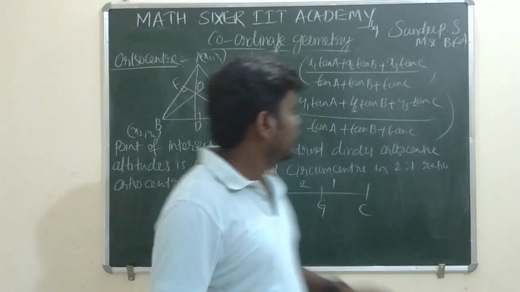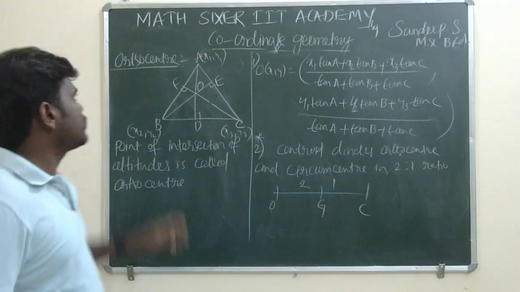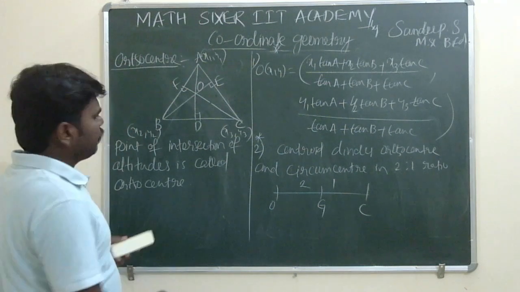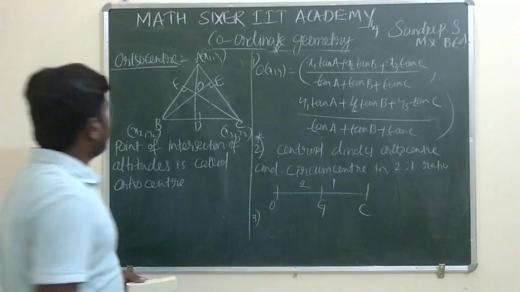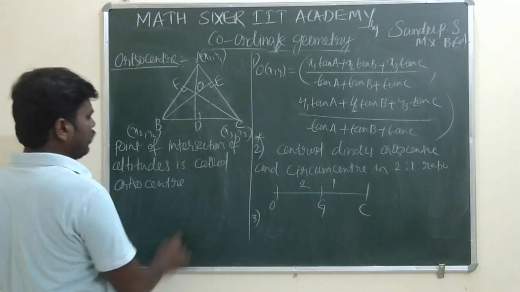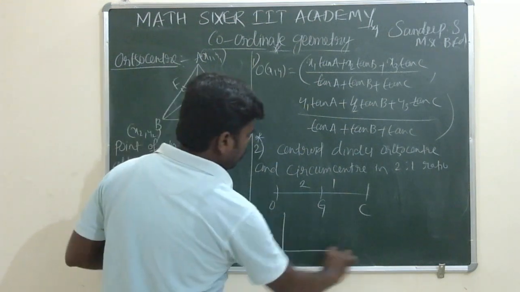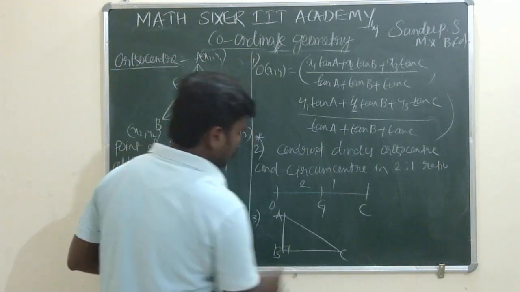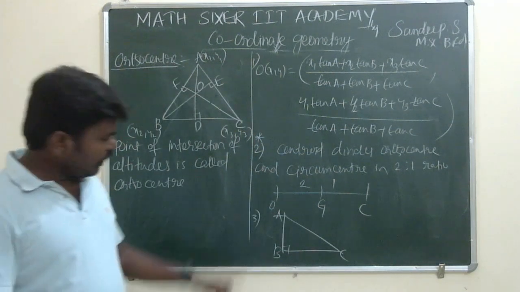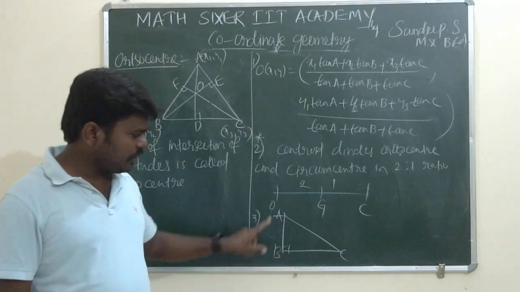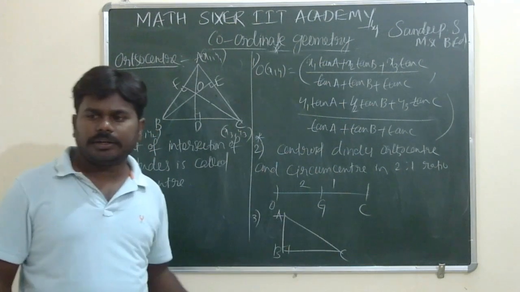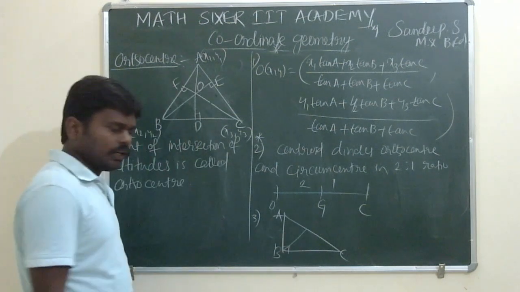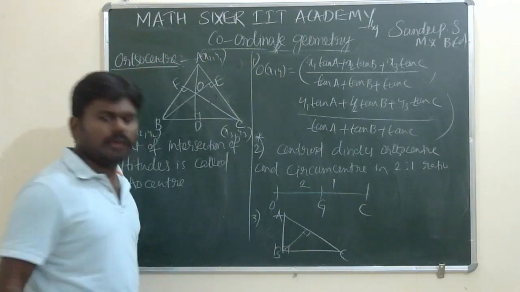Okay, so here are the important points about the orthocenter. Take a right triangle ABC with the right angle at B. AB and BC are both perpendicular, and we need one more perpendicular, the one from the hypotenuse.